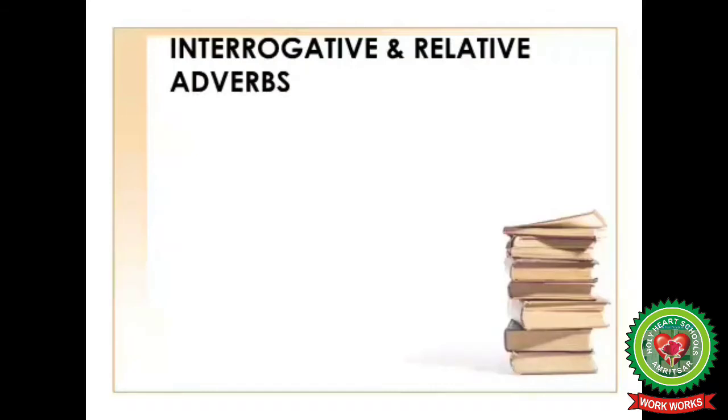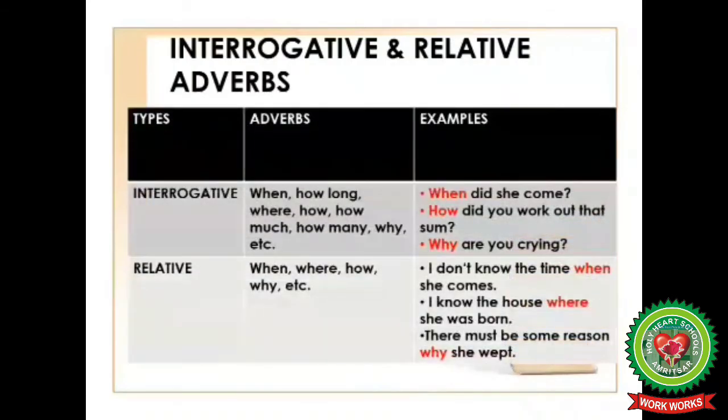Next type, interrogative and relative adverbs. Interrogative adverbs are those adverbs which are used in the beginning of a sentence to ask a question. So adverbs like when, how long, where, how much, how many, why, etc. are interrogative adverbs.